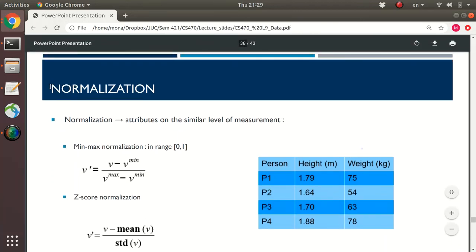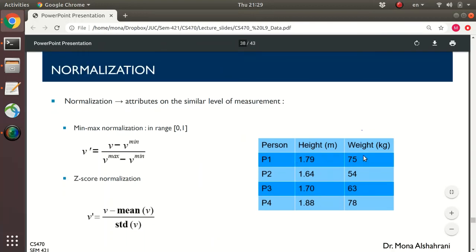Normalization is sometimes called scaling or standardization, because we are scaling the data to have the same scale, so that the feature values of every attribute have the same scale and do not dominate each other.